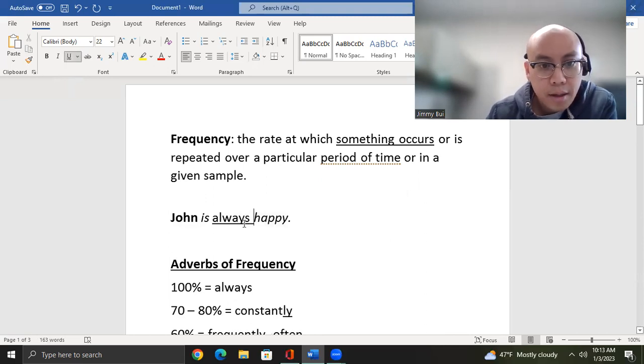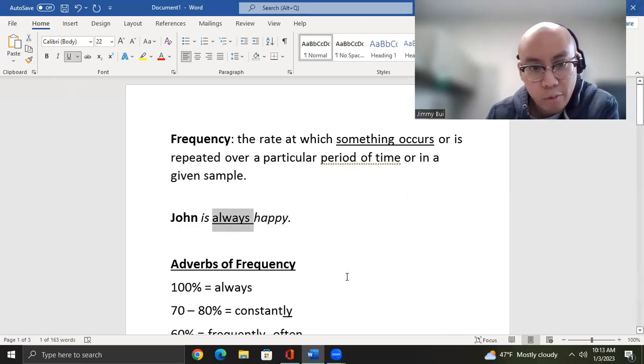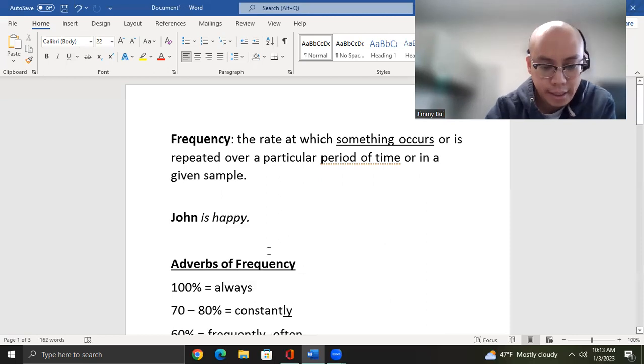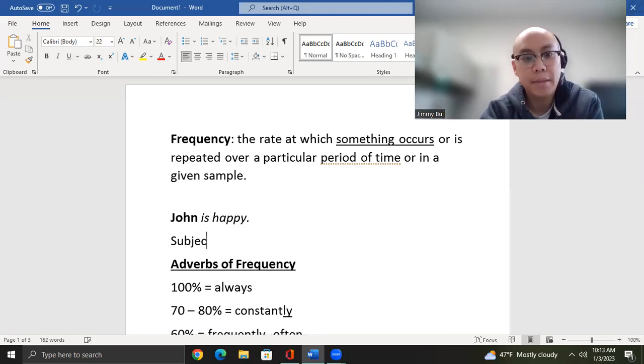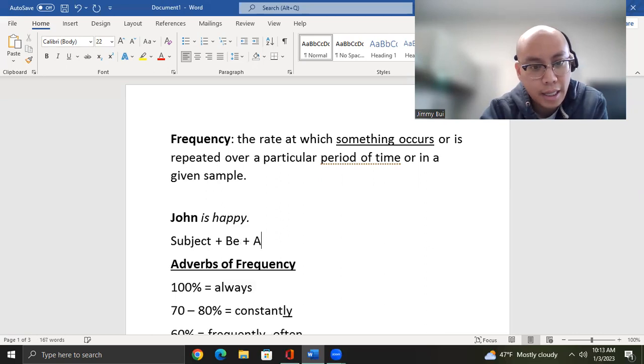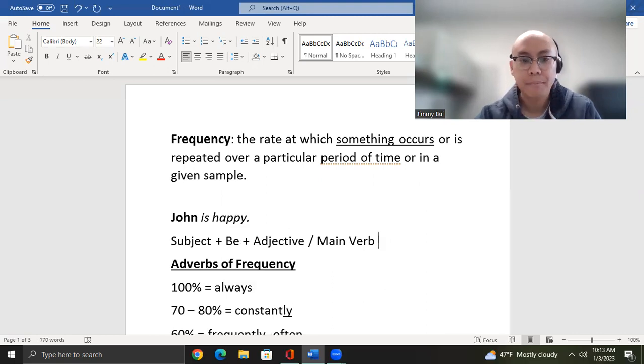I'm going to take away the adverb of frequency for a second, because as we know, in past videos, we've talked about a common sentence structure: subject, the verb be, and then we can have an adjective, the main verb, or a noun. But for adverbs of frequency, we're only going to focus on adjectives and main verbs.